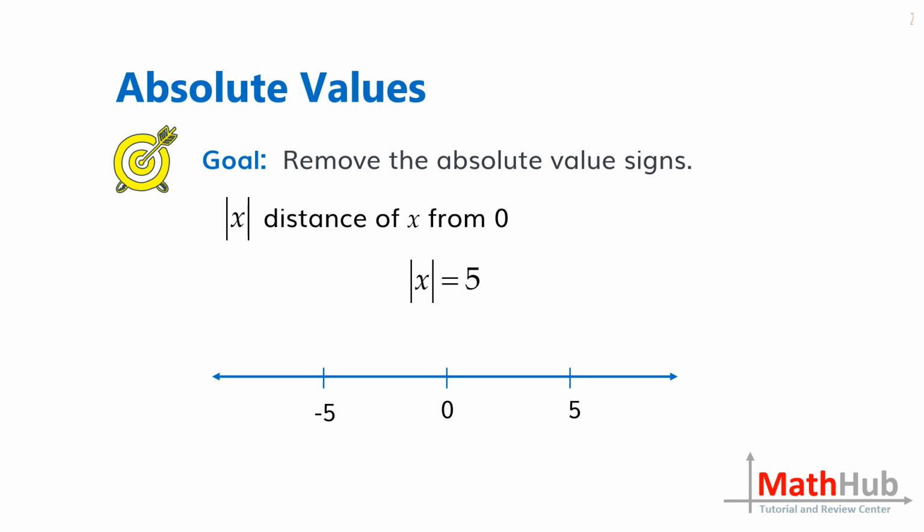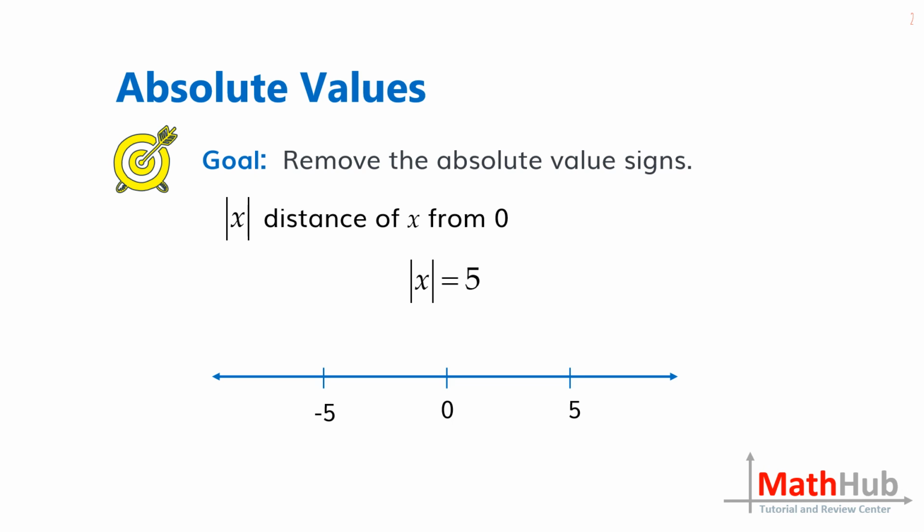Now, for example, we want to solve this simple case. Absolute value of x equals 5. Meaning to say, we're looking for a number or numbers whose distance from 0 is equal to 5. And what will be those two numbers?